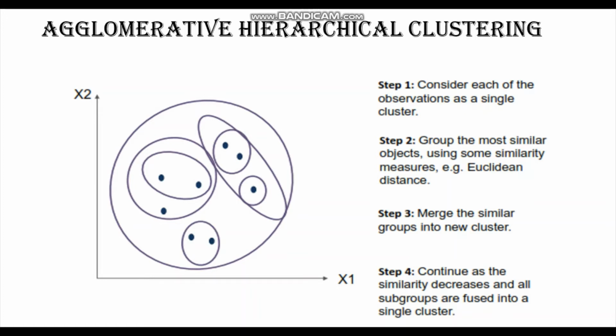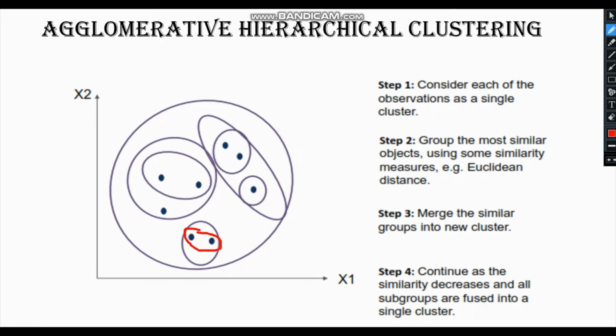For example, step 1, consider each observation as a single cluster. Like in this x1 x2 coordinate, each point is an individual cluster initially. Then based on the distance or similarity, they form clusters.